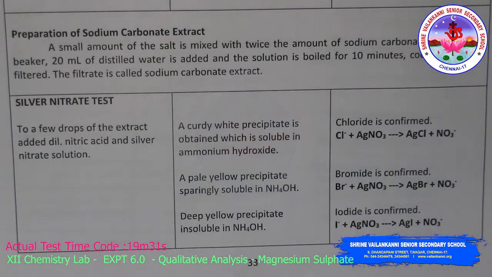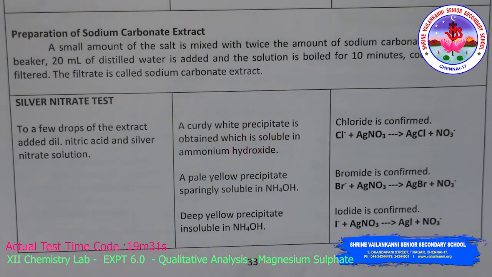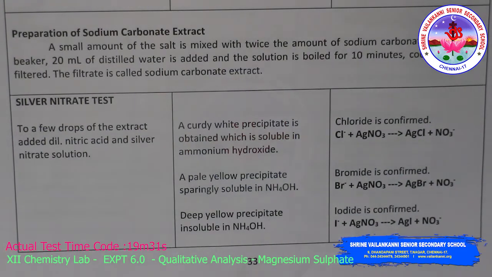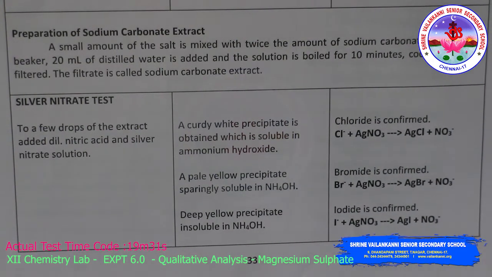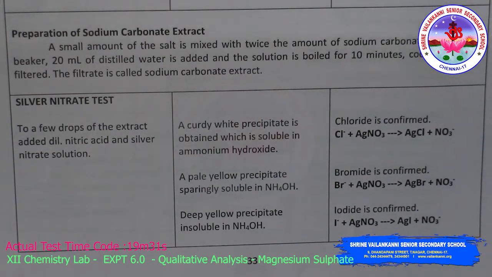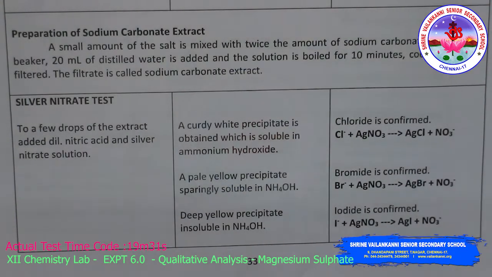After preparation of the sodium carbonate extract, you have to do some experiments with the extract solution, that is identification of acid radicals and also confirmation tests for acid radicals. Here the silver nitrate test. The first: take an extract and add dilute nitric acid and a few drops of silver nitrate solution.